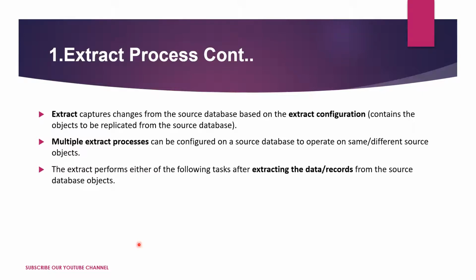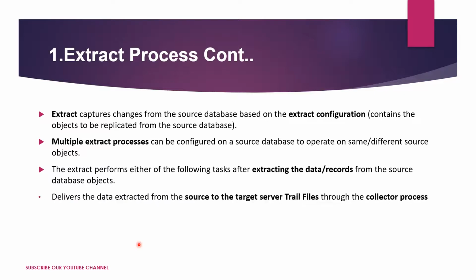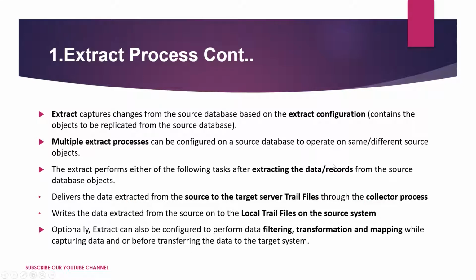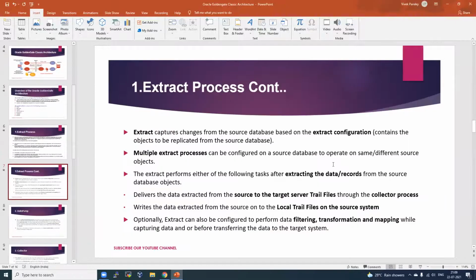The extract will perform one of the following tasks after extracting the data records from the source database objects. It will deliver the data extracted from the source database to the target server trail files through the collector process. Let me show you a little more detail, so maybe you can get it.